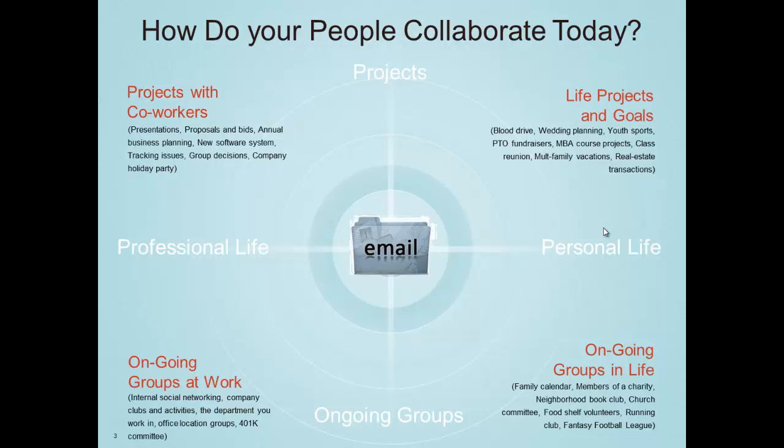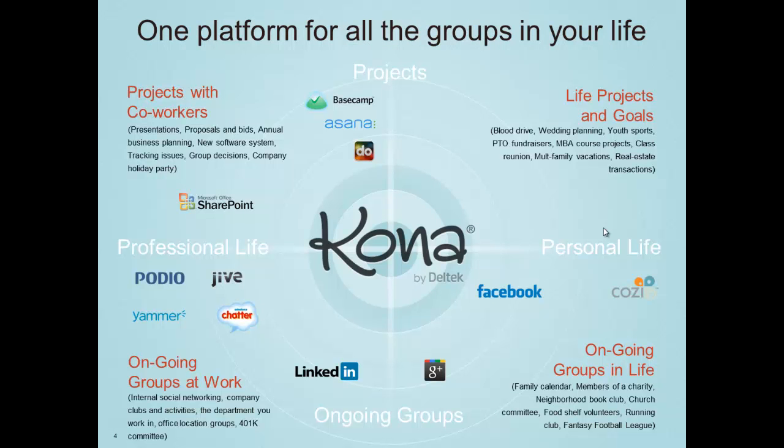And unfortunately, we all know that email can often turn into an inbox of 600 emails, or it can just turn into a black hole of information where it's impossible to strip that data out. So what we see happening is Kona is then fitting firmly inside of all of these quadrants, right in the bullseye, to be the tool that can address those four different quadrants of your life that need greater collaboration.